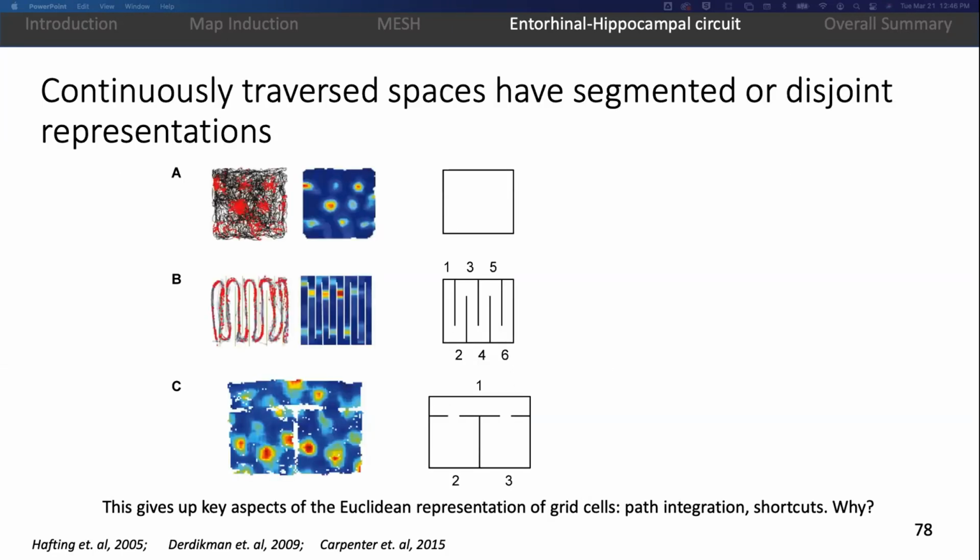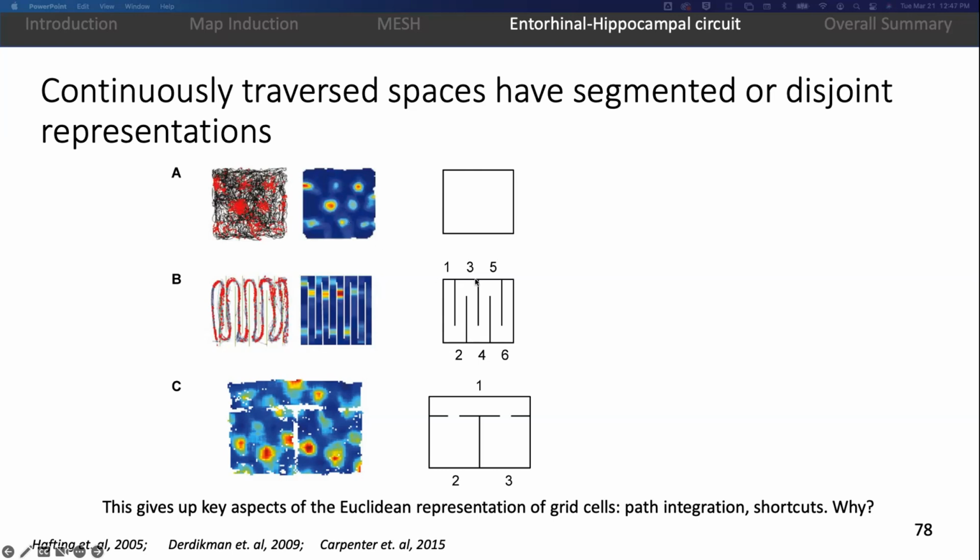So there's evidence from neural experiments that continuously traversed spaces have these segmented or disjoint representations at the level of grid cell maps. If you look at an environment, which is just a square environment, then as the rodent navigates this environment, it forms a nicely tessellated hexagonal grid.